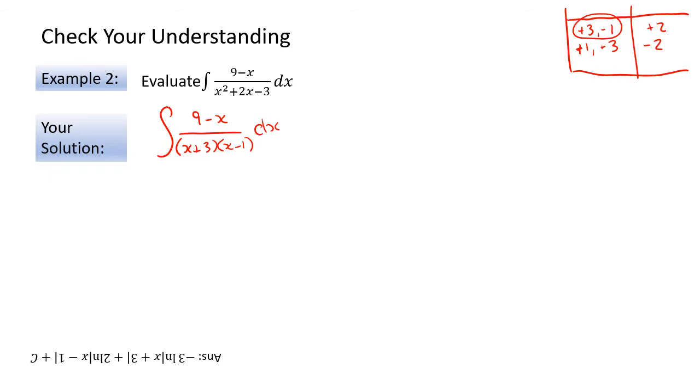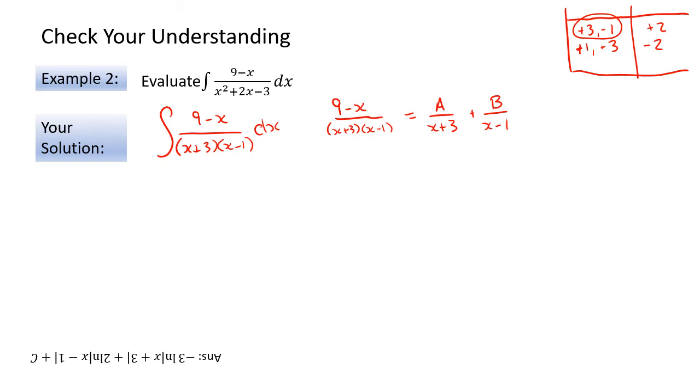Now, knowing we have those factors, we can use partial fractions. So this becomes 9 minus x divided by x plus 3 times x minus 1 has to equal a divided by the first factor, x plus 3, plus b divided by the second factor, x minus 1.